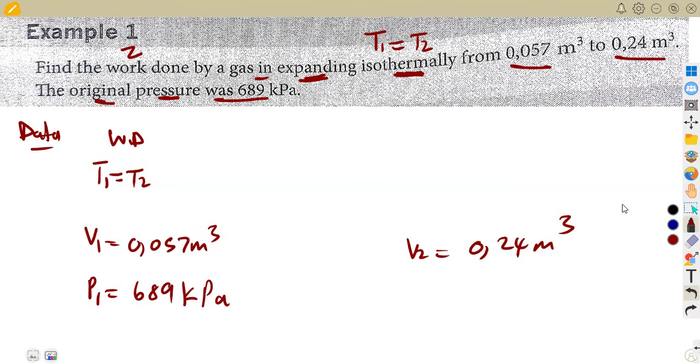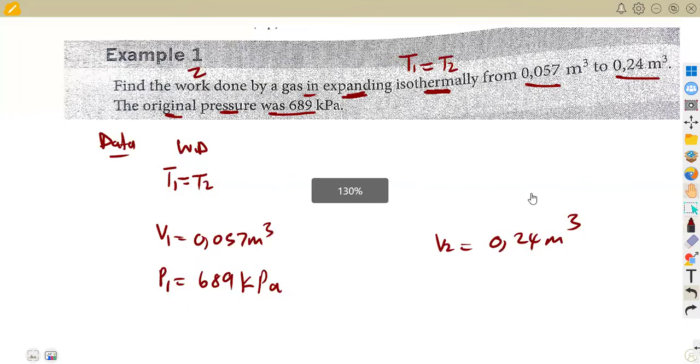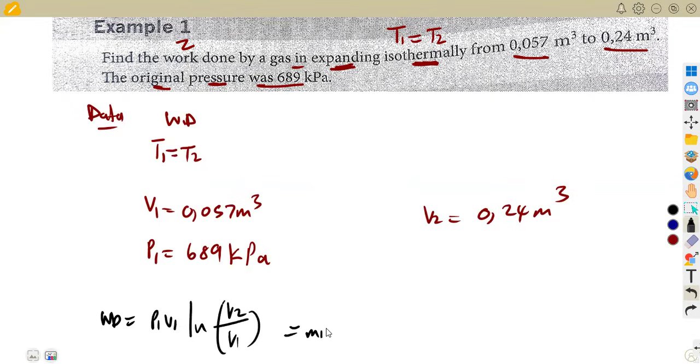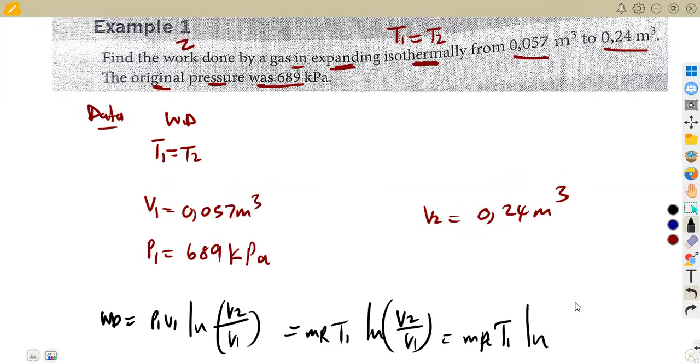All right. We saw that under an isothermal process, we can calculate work done in different ways. Work done can be calculated from P1, V1, the ln of V2 over V1. I want you to check those formulas, or we say this can be given as MRT1, the ln of V2 over V1, or it can be given as MRT1, then the ln of, with the interchange when it is pressure, P1 over P2.